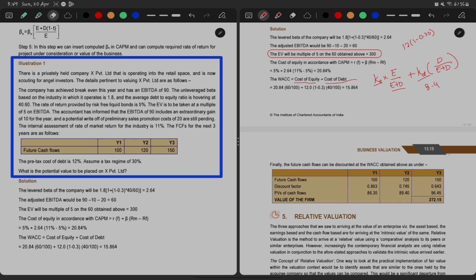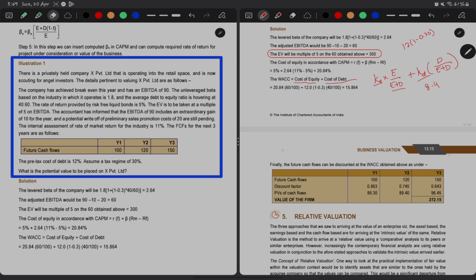If the firm doesn't have any debt, then unlevered beta will be equal to levered beta as there is no debt portion. But in the given case, 40 is to 60 is the debt to equity ratio, hence we have to give adjustment to that. So how will we do that?